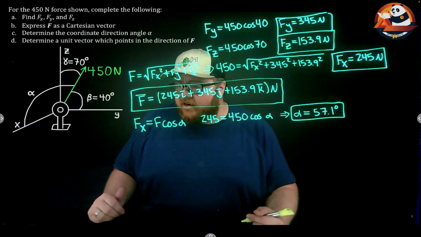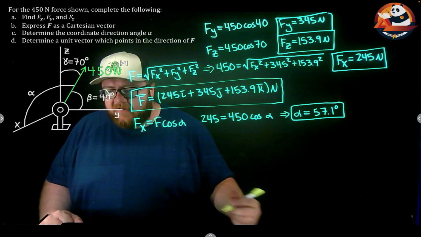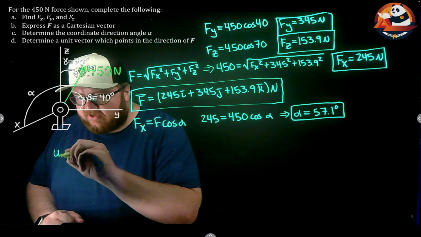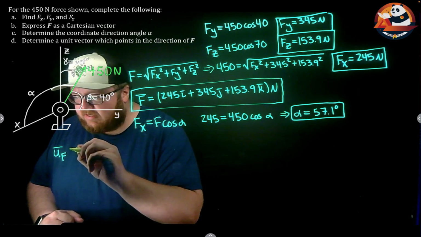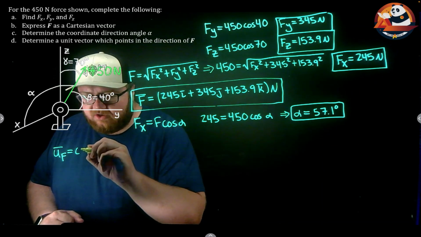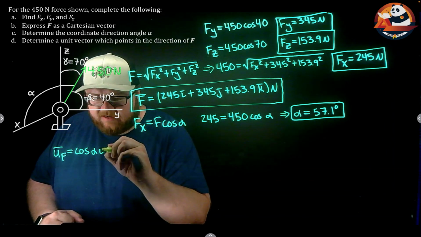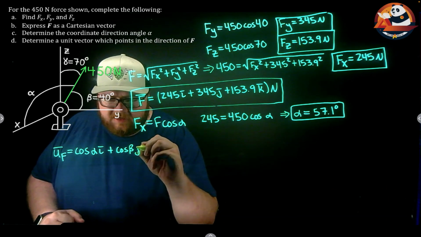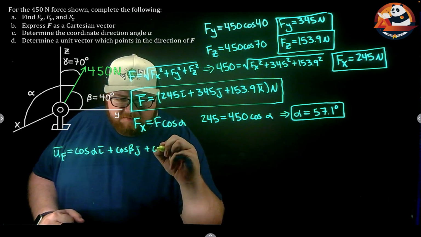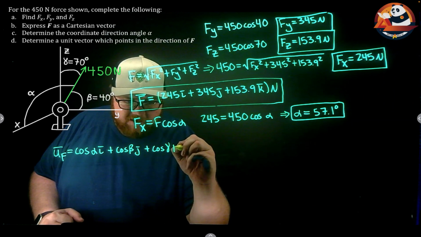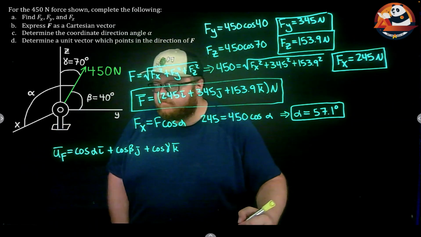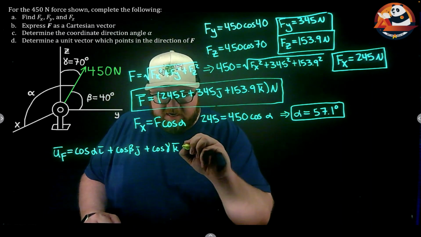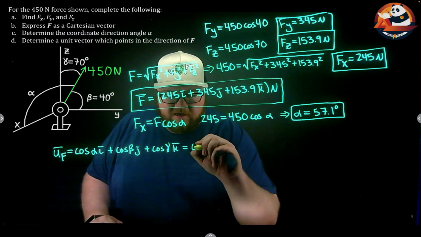Finally, I'm asked for my unit vector. I can get my unit vector by just saying that my unit vector in any direction, so in the direction of my force, should be equal to cosine alpha in the I direction, plus cosine beta in the J direction, plus cosine gamma in our K direction. So let's go ahead and tackle this. This is the same thing as filling in our values.